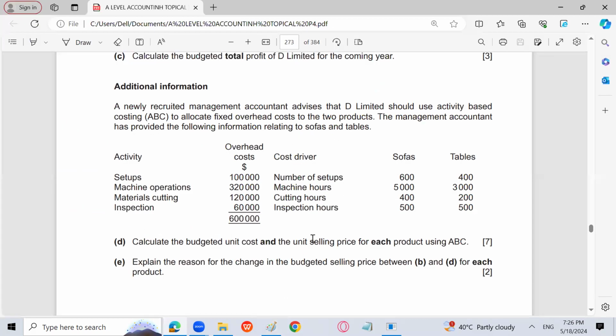Now let's calculate it. This is the most important part, which is not that difficult, but students sometimes find it difficult to understand. 1 lakh is going to be the setup cost. This 1 lakh of setup cost is going to be divided between sofas and tables according to number of setups, that is 600 and 400.